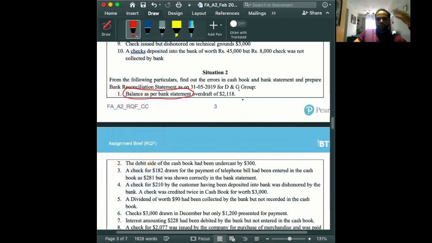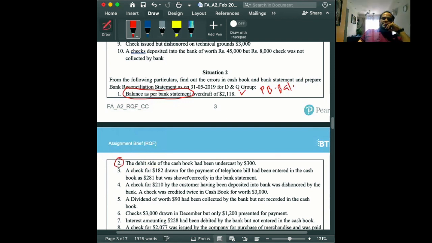I just need your opinion on it. All right. So remember, your question starts with the balance as per bank. So you have a passbook balance.